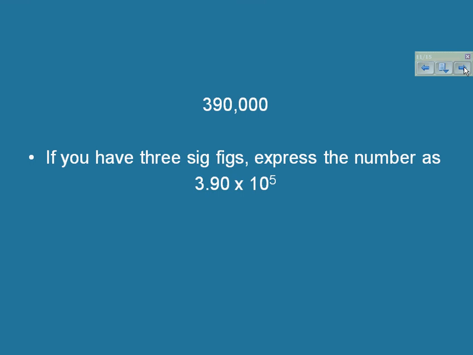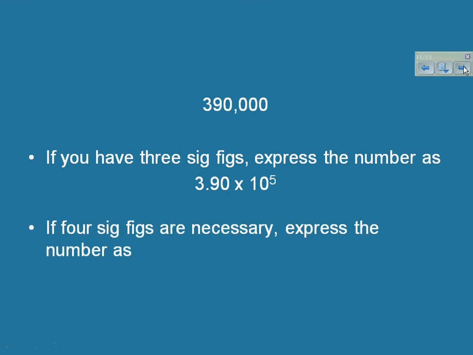Remember, a positive exponent makes the number bigger than 1. Sometimes that's confusing. How about 4 sig figs? How would you change your mantissa? That's the 3.90 part of the number. Yep, slap on a 0, same value, but now you have more significant digits. Let's just practice some. I have the answers with it.